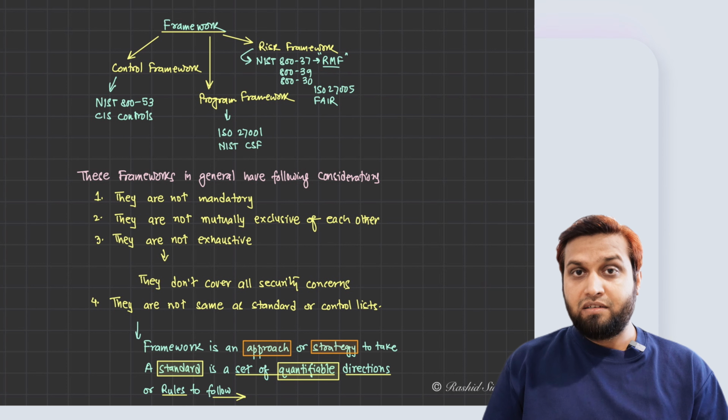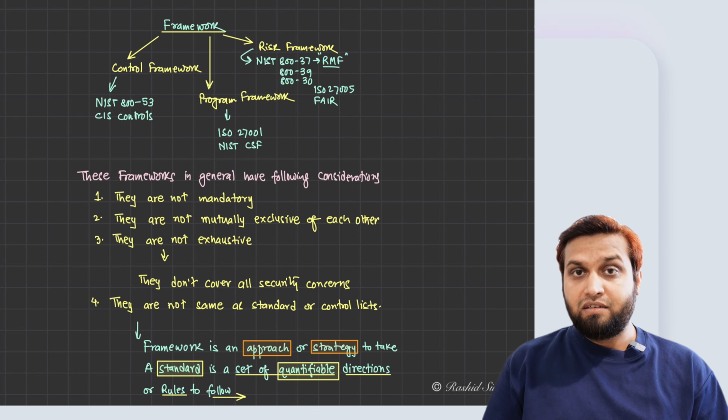So the starting point is to first go with a framework. There are two approaches. Either you can create your own framework, which is an exhaustive exercise and is not recommended, as there is no need to reinvent the wheel. So you go for a specific framework for risk assessment, or for threat modeling, or for implementing the regulatory and compliance requirements. When it comes to frameworks, there are three broad categories.